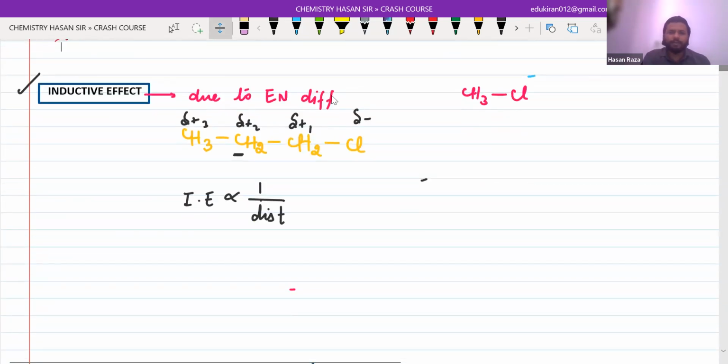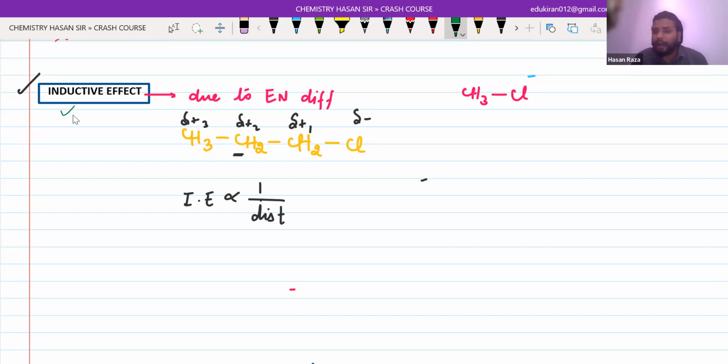What is the inductive effect? If you want to define it, the inductive effect is due to the electronegativity difference. Whenever the electronegativity difference is not equal to zero, the inductive effect will take place.